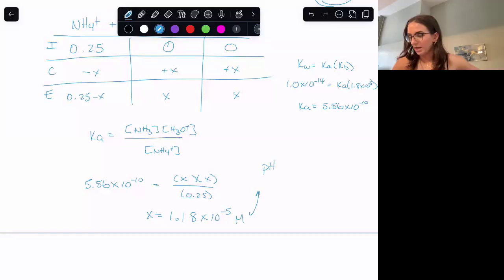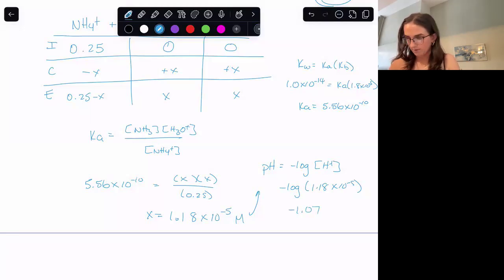We need to say pH is equal to the negative log of the hydronium ion. So negative log of 1.18, and we get negative 1.07. What does it mean if it's negative?